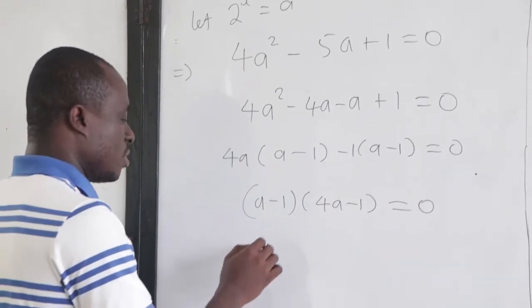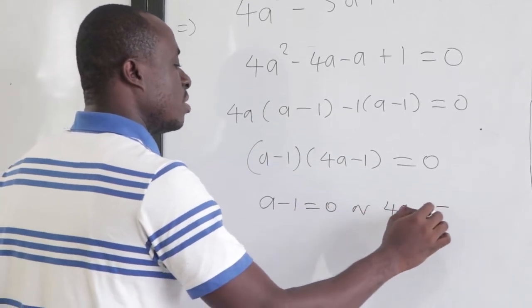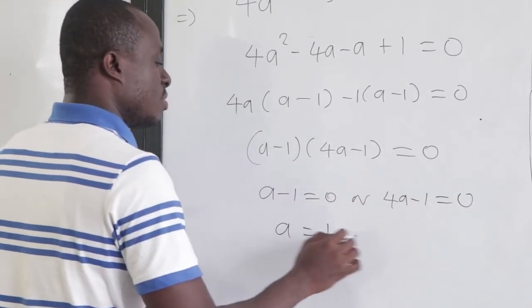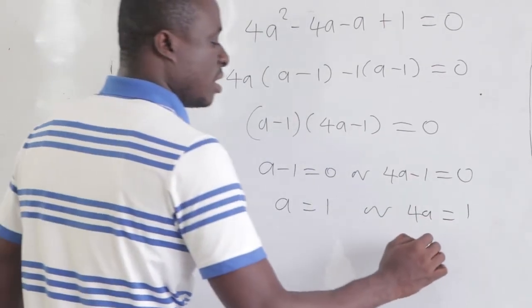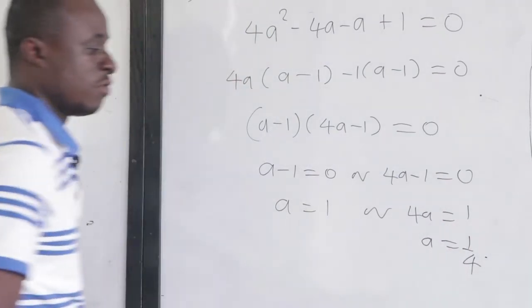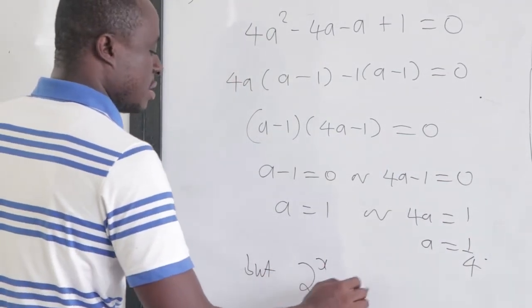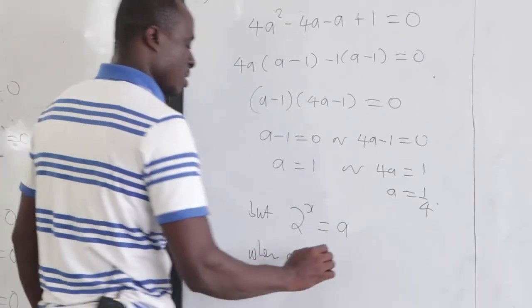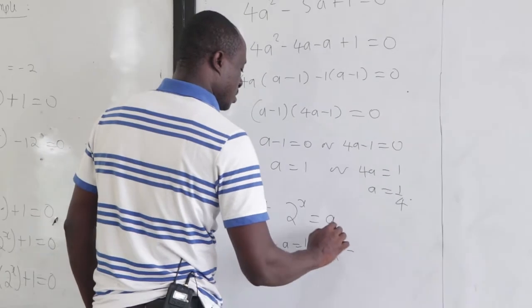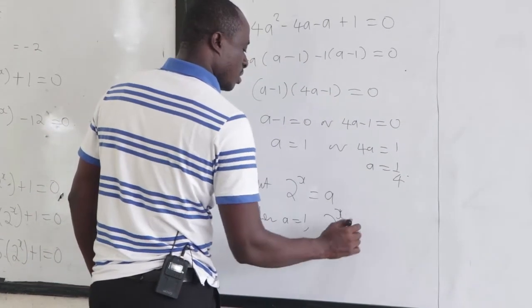So multiplying two things equals 0, you have a minus 1 equal to 0, or 4a minus 1 equal to 0. A equal to 1, or 4a equal to 1. Here a is 1 over 4. But what do we know? We know that 2 to the power x is equal to a. So when a is 1, what do you have? 2 to the power x equal to 1.